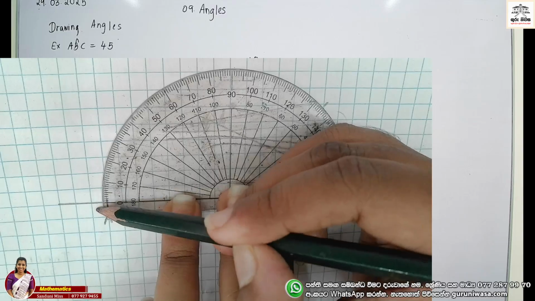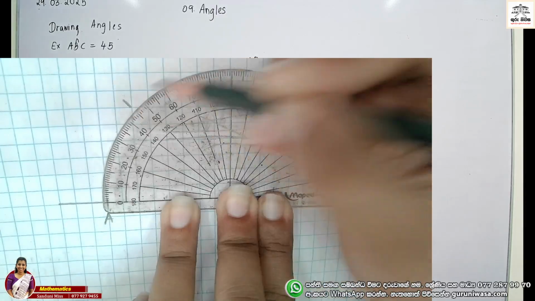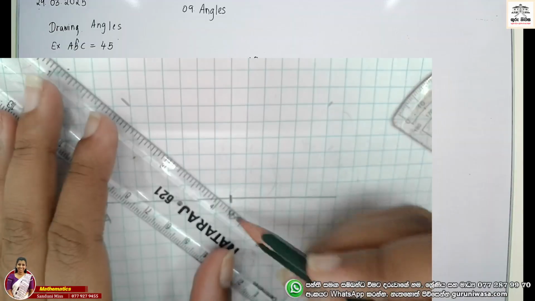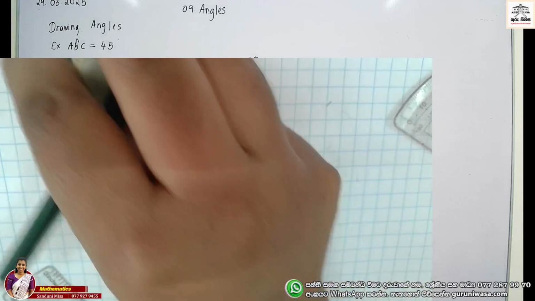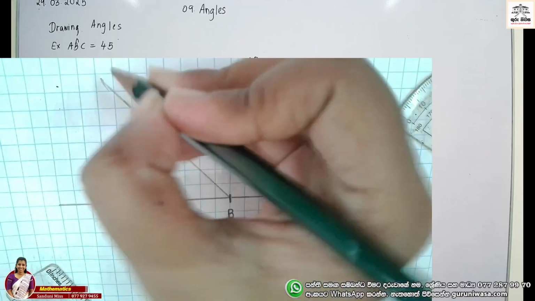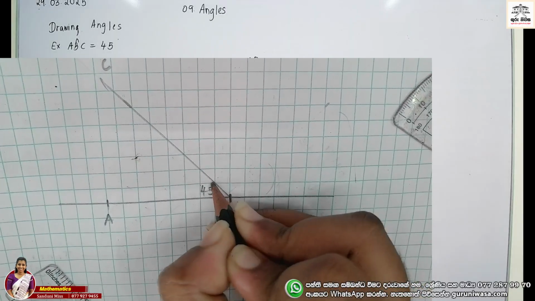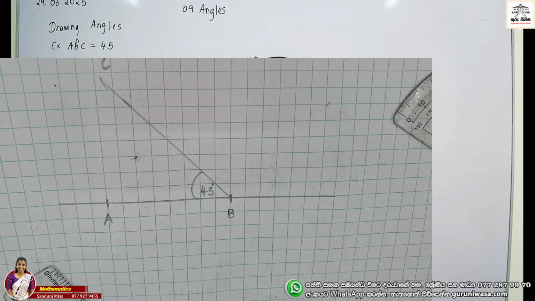Now we are measuring from this side. 45 is here. So we'll keep a mark and then remove the protractor. You can draw the line and mark it as C. This angle is 45 degrees. Okay.